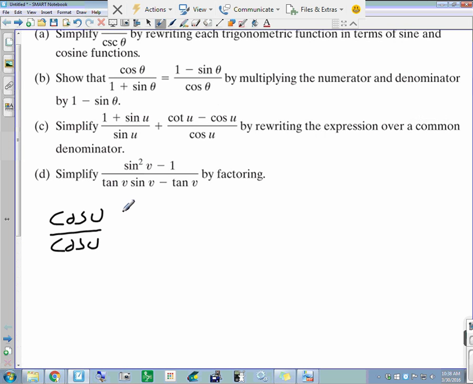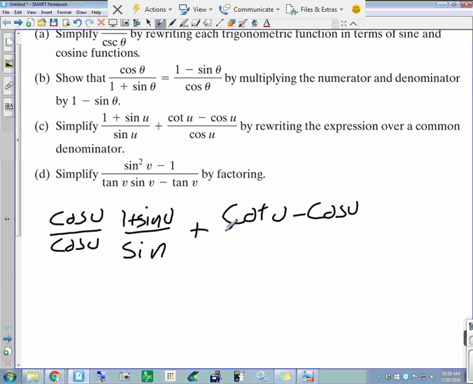That would end up being 1 plus sine u over sine u. Plus, and then here we've got cotangent u minus cosine u. This here already has cosine down here, so I would multiply this one here by sine u over sine u.